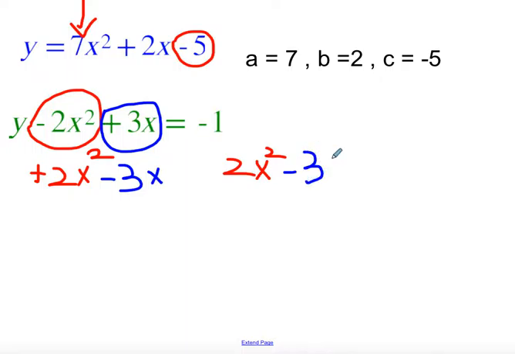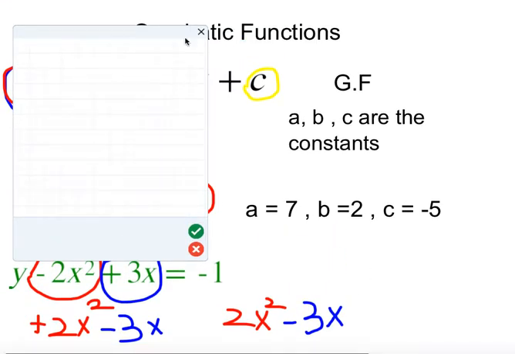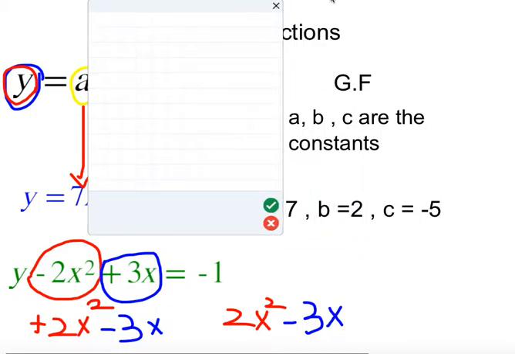Okay, let's rewrite the equation. We're going to make a big line here. Beautiful. And since I want to have a beautiful example right there, I'm just going to rewrite it here.